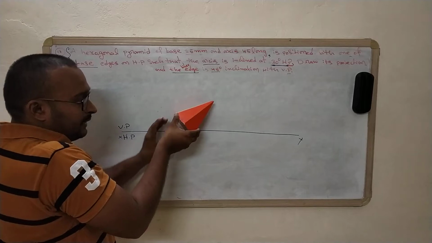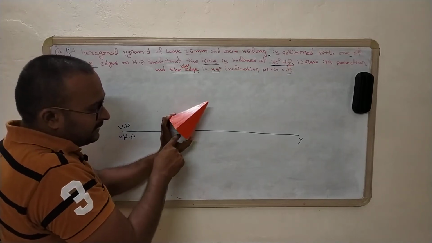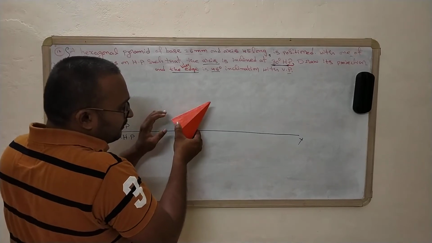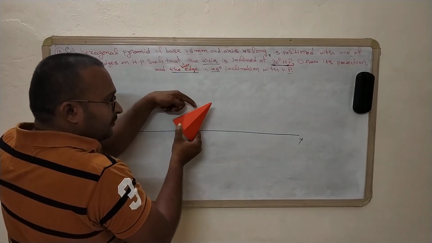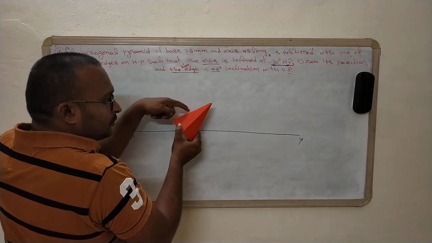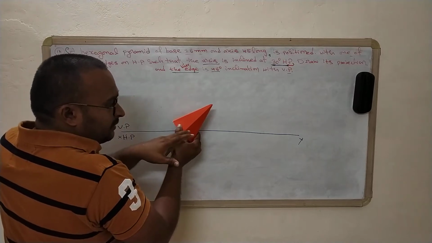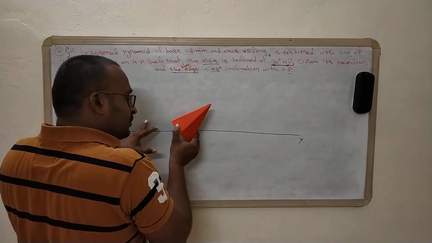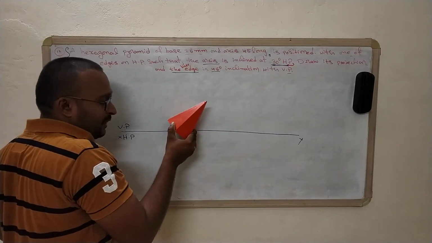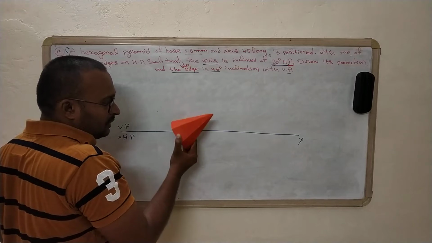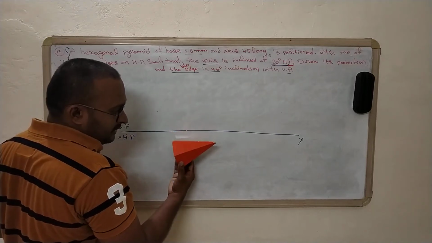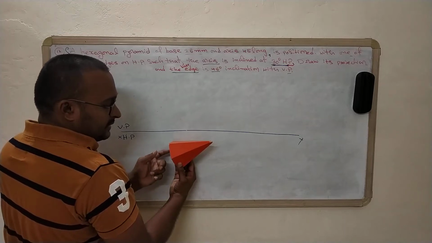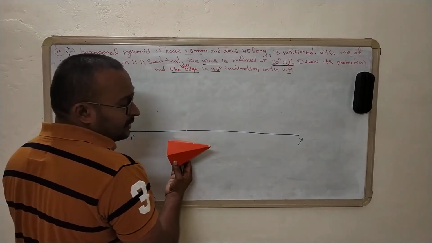Now the base surface is inclined to HP, so when you are going to see from the top view, there will be three surfaces visible, 1, 2, 3 surfaces visible, and in the front view there will be only two surfaces as we produced in the first stage, right? So on the top view we will have 1, 2, 3 surfaces and these will be inclined at an angle.